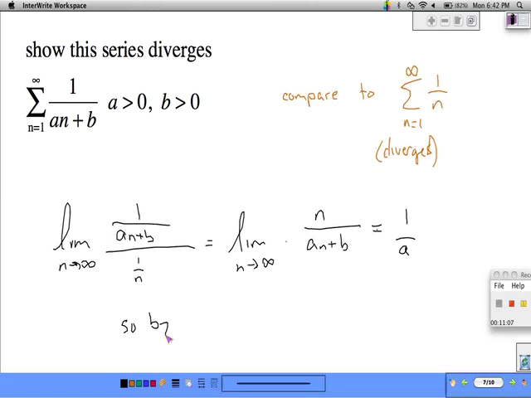So by limit comparison, the series that I'm looking at diverges.